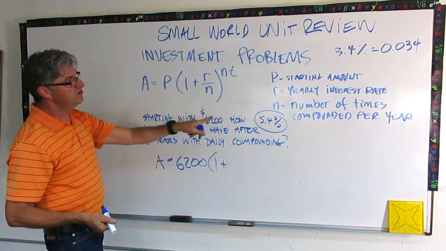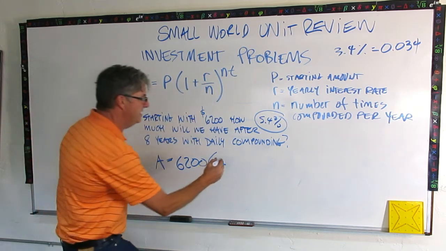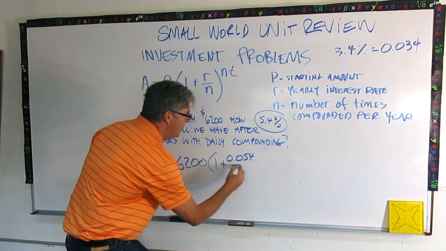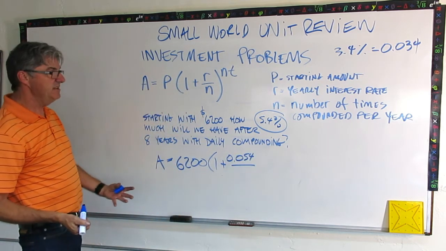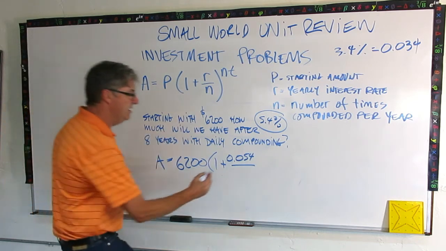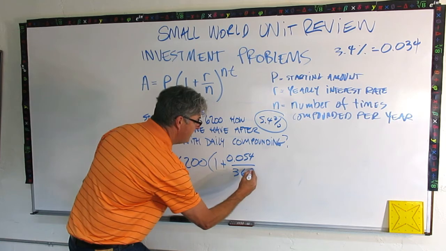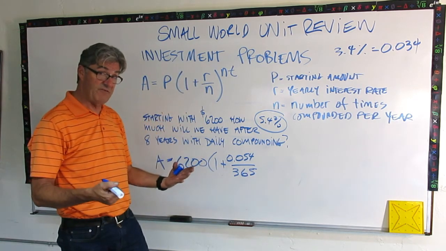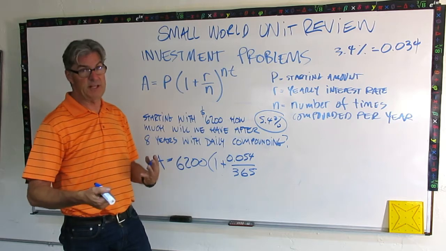So 5.4%. So turn that into a decimal. It's going to be 0.054 over n. And what's n? Compounded daily. So that's the number of times per year. That would be 365. I'm fine if you use 365. If you want to use 365 and a quarter to account for a leap year, that's fine too.